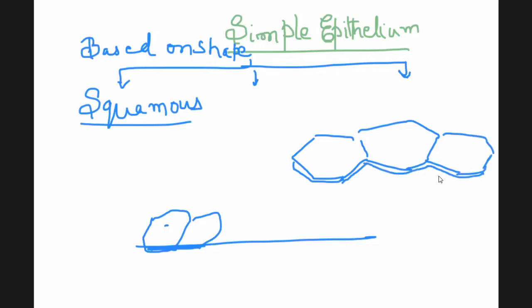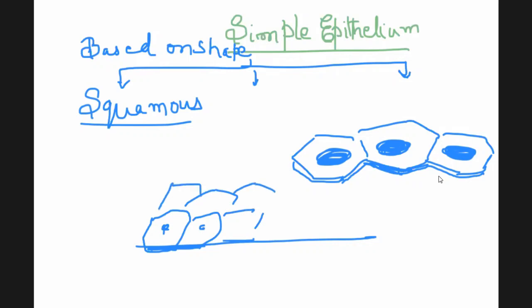Such flat cells, with a flattened nucleus, represent squamous epithelium. So the cells are very much flat. From the upper surface, this is the surface view.